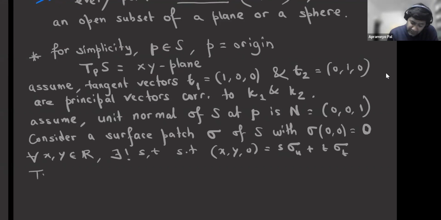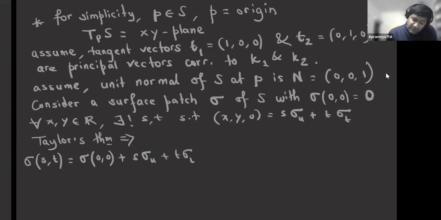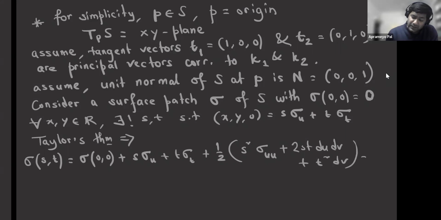So we'll take Taylor's theorem again for two variables around (0, 0). So what does it give? We find sigma(s, t) is nothing but sigma(0, 0) plus s sigma_u plus t sigma_v plus half of (s square sigma_uu plus 2st sigma_uv plus t square sigma_vv), and plus higher order terms, which you can just ignore for the time being.